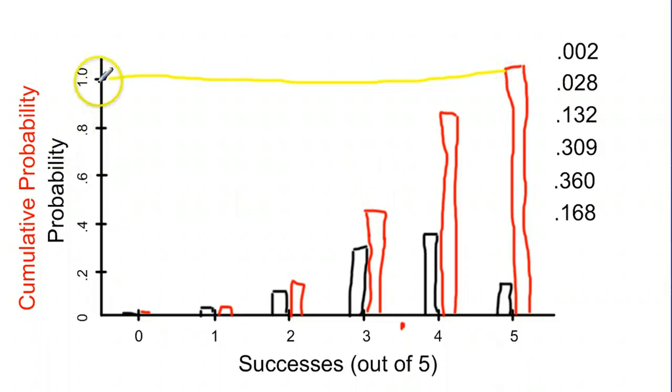It should be at the highest. There's a 100% chance that you're going to make 5 or fewer free throws, which obviously makes sense. There is an 83% chance that you're going to make 4 or fewer, and it goes down from there. So the idea of the cumulative function is that it just accumulates everything at or below it.